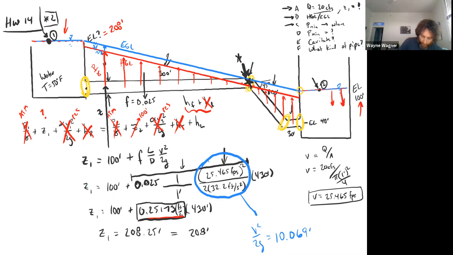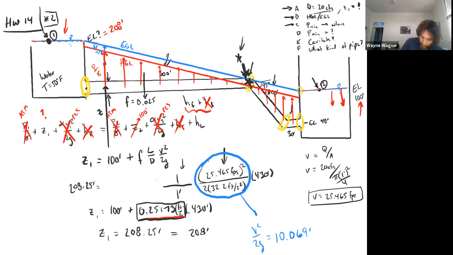So I'm going to go up here, and instead of Z1, I'm going to put 208.25 feet. We're going to be at star, so we're doing a point at star. The elevation is 100. Oh, sorry, we do have a pressure there. So let's just redo the right-hand side of this.